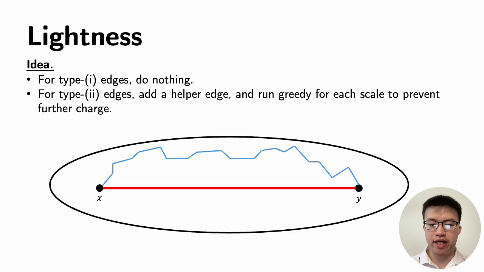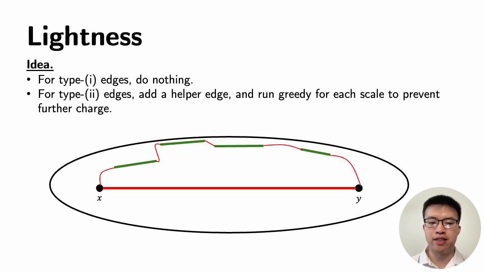So if xy is charged to many green edges, and those green edges are heavily charged in the lower level, then they have their own helper edges. And these helper edges together form a good spanner path from x to y. So xy will never be added to H prime.